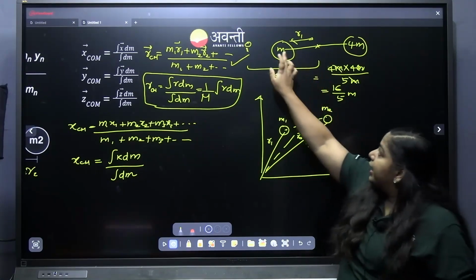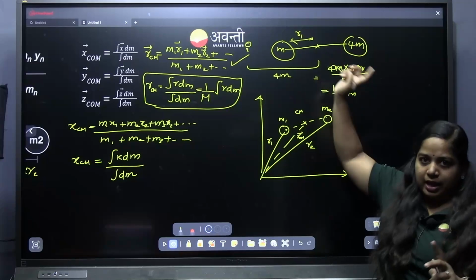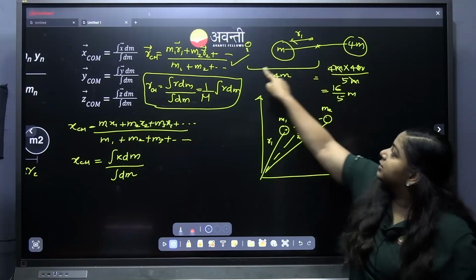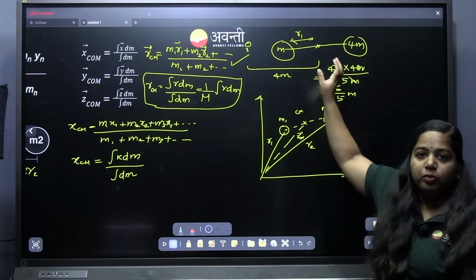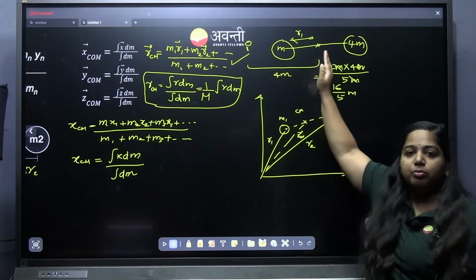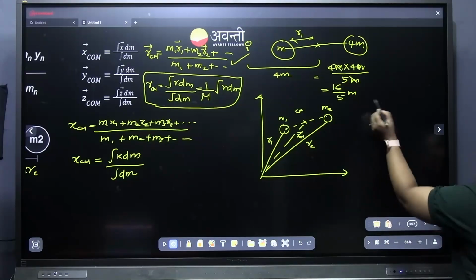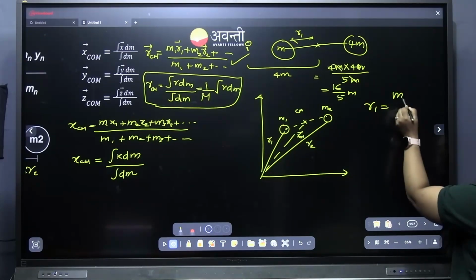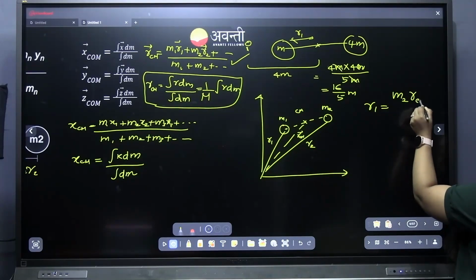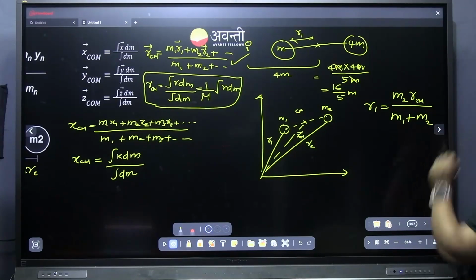See, m and 4m are two masses, and their center of mass is at 4 meter from O, the origin. If you want to find the distance between the center of mass and m1, you have to apply the formula r1 equal to m2 R, where R is RCM, divided by m1 plus m2.